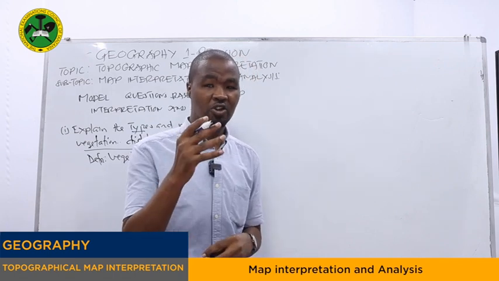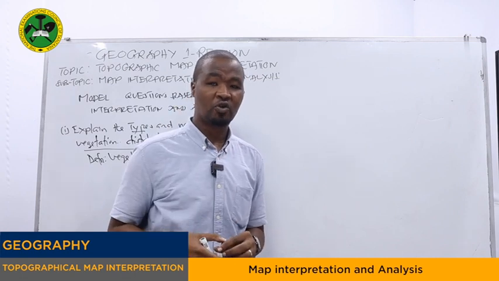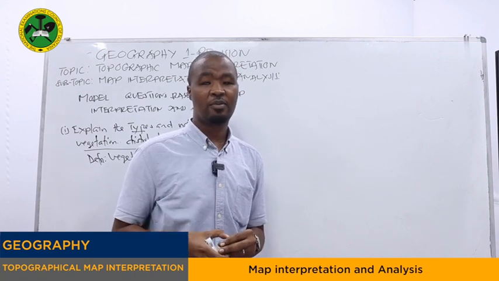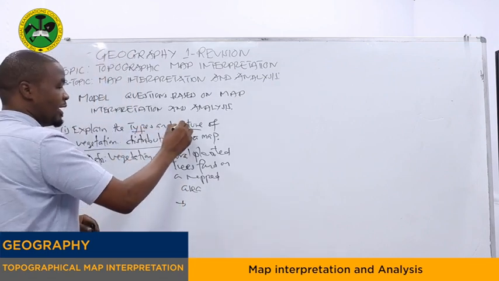So we can divide the vegetation found on the map into two: the natural vegetation as well as the artificial vegetation. Examples are the forest reserve and the plantation found on a given map. Then the question needs us to explain the type and the nature.